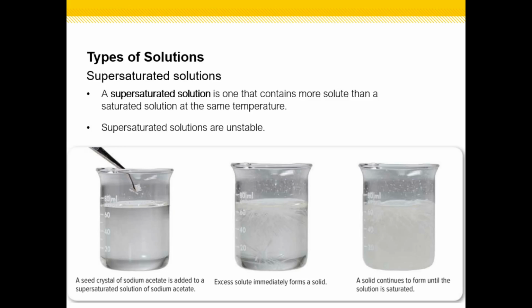I can dissolve a lot more at the higher temperature. So here's what I do to get a supersaturated solution. I dissolve more at the higher temperature, and then I slowly and carefully lower the temperature back down.